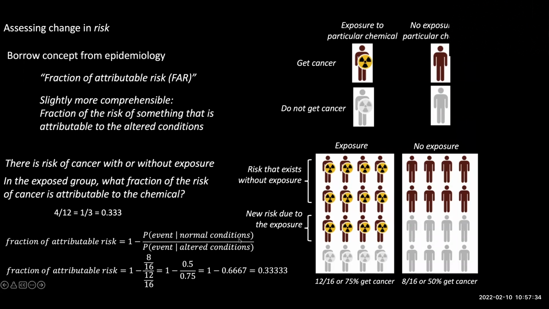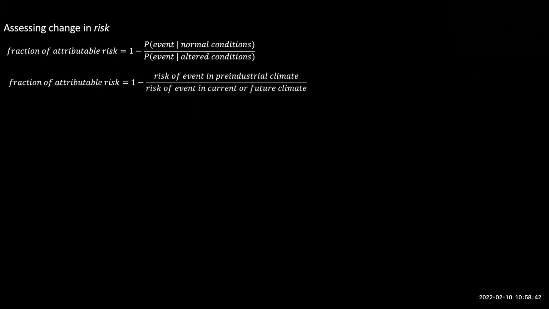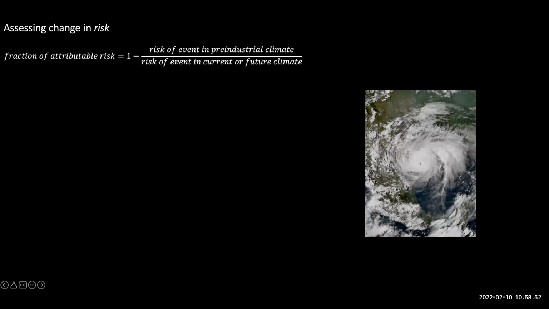So this has existed for a long time when thinking about this type of problem. And what's new is moving this into climate science. Okay, so we're going to move this concept over to climate science. And instead of writing it in this cryptic general probability way, we're going to replace it with the same thing, but with language applied to climate science.